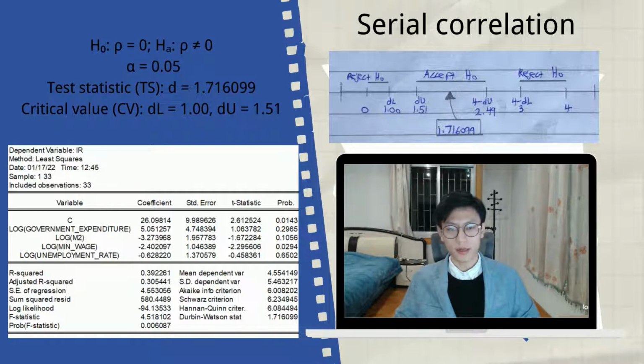As the test lies in the accept H0 region, there is no first-order serial correlation. We can also see the p-value is larger than the level of significance, so there is no autocorrelation. But it is for first-order serial correlation only.